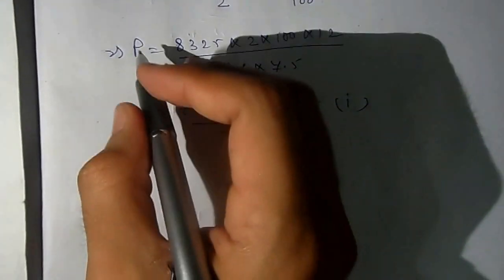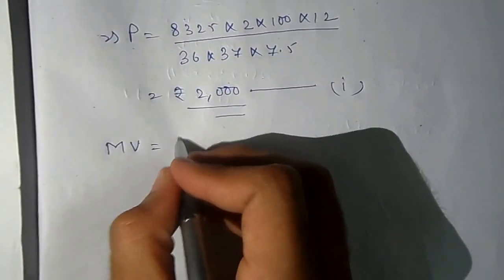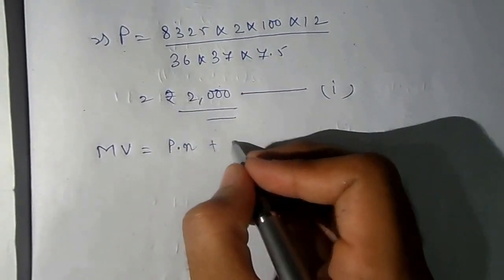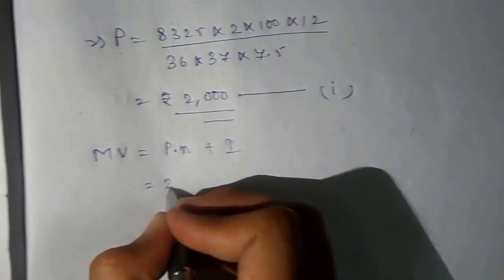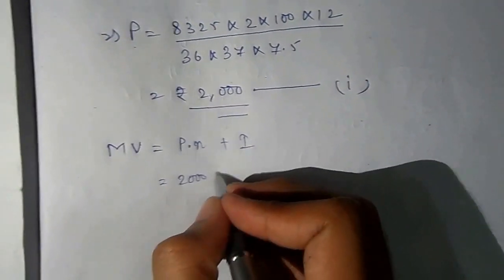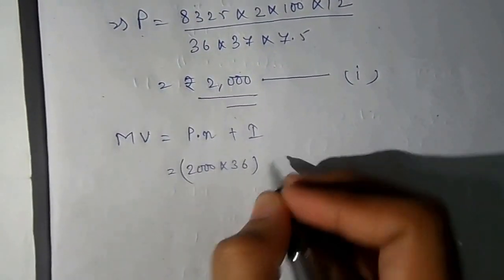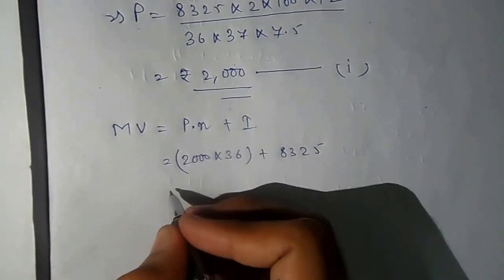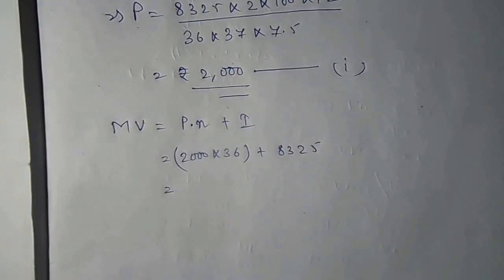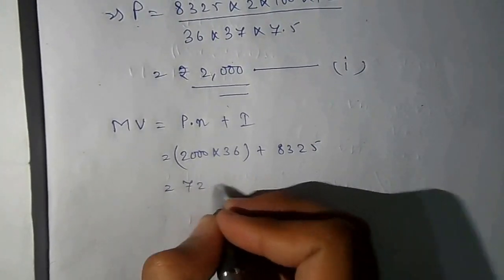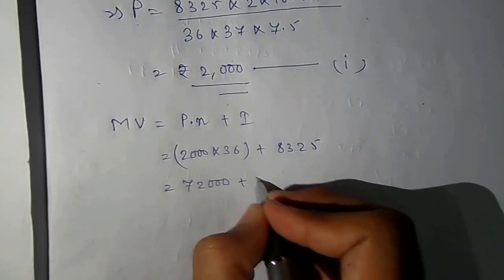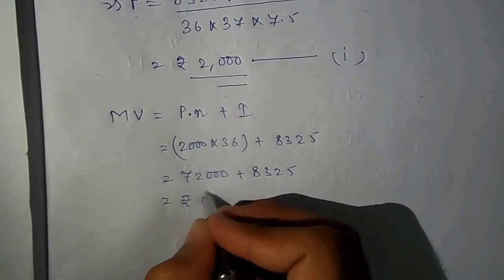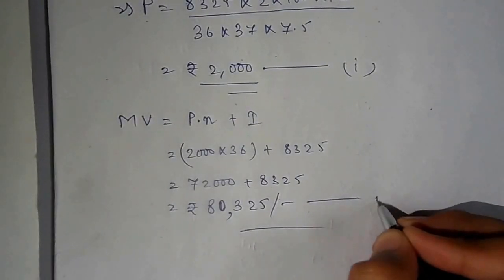Maturity value equals this monthly deposit P into number of months N plus interest I, which is equal to 2000 into 36 plus rupees 8325. 36 into 2 equals 72. 72,000 plus 8325 is equal to rupees 80,325. This is your second answer.